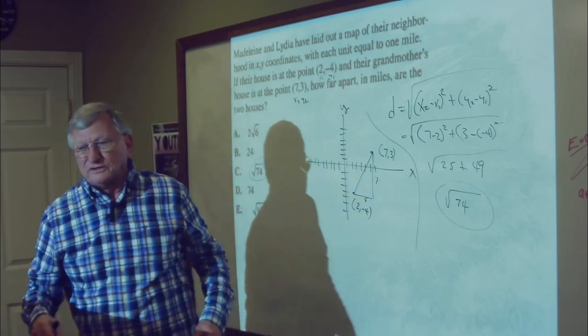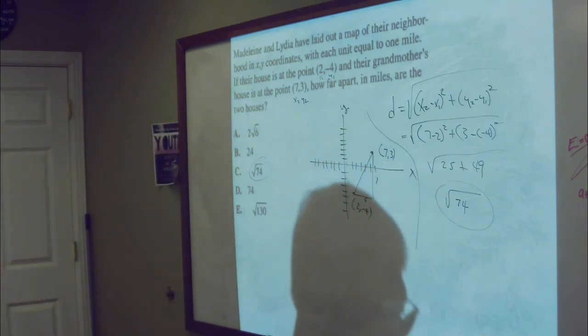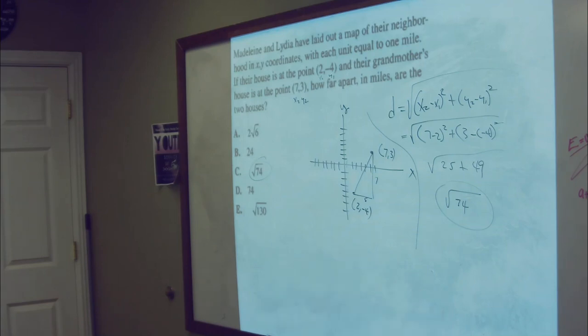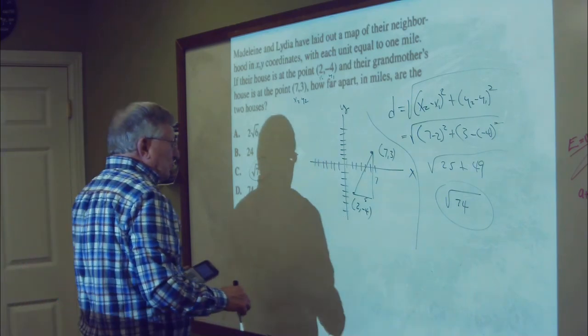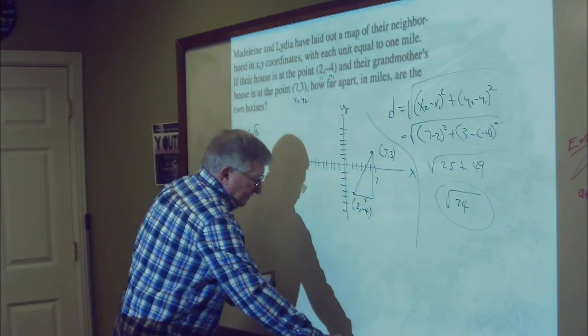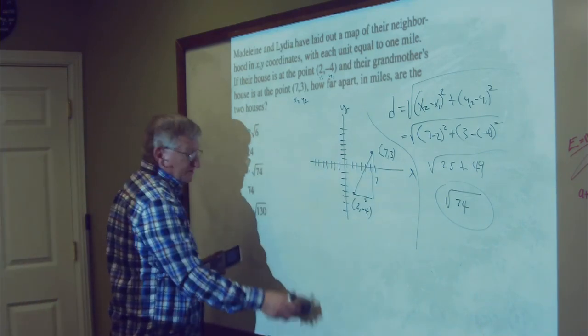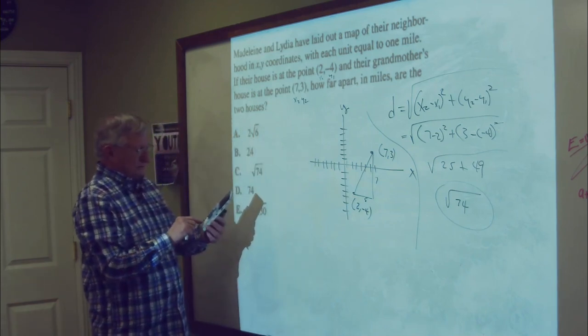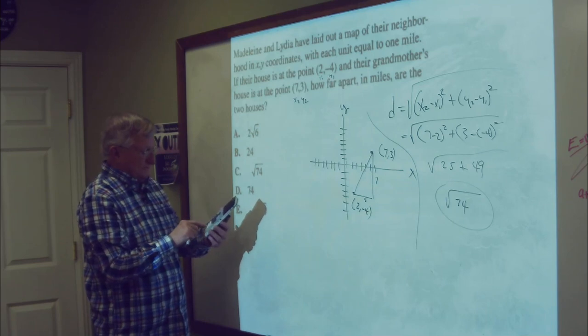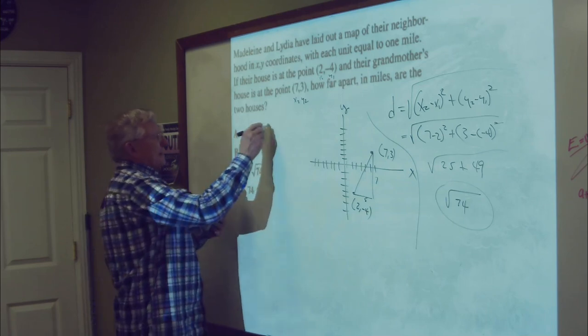Here's another possibility. Let me grab my calculator real quickly. Let me show you something else you could do. You could plug these numbers into your calculator. 2 times square root of 6, that's 4.9.